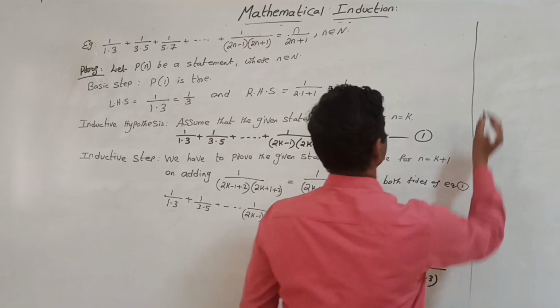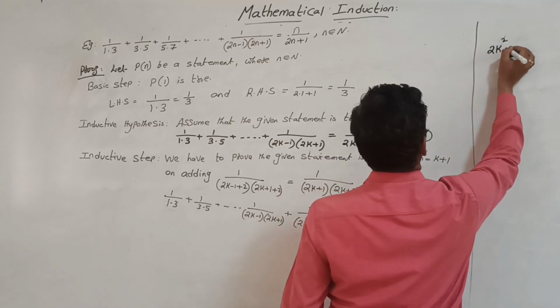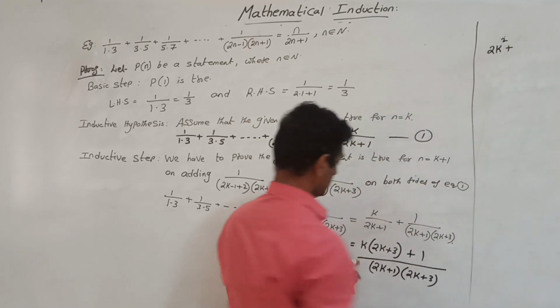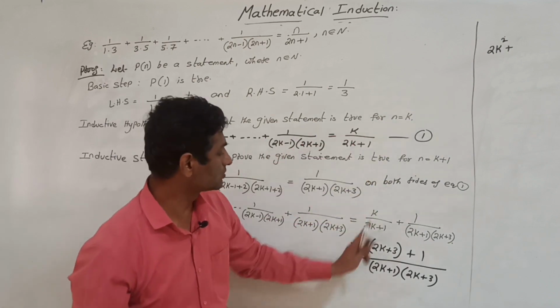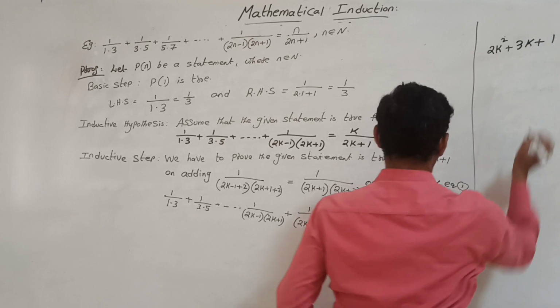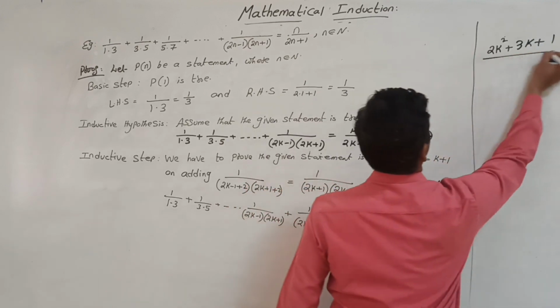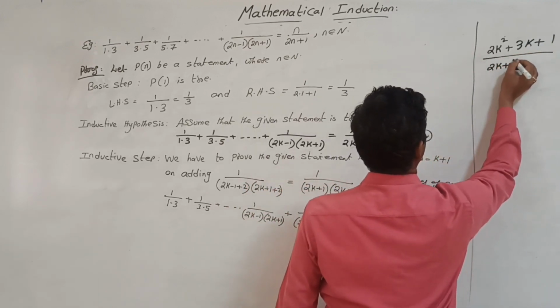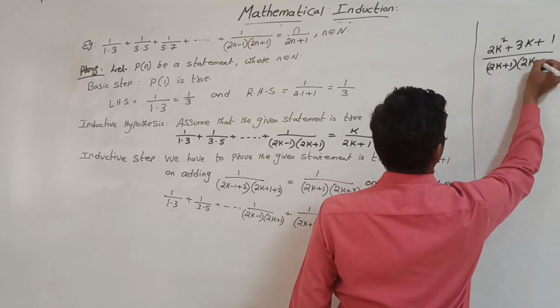If you simplify, 2k into k is 2k square, k into 3 is 3k, so we get (2k square plus 3k plus 1) by (2k plus 1) into (2k plus 3).